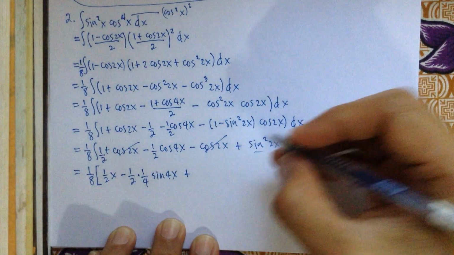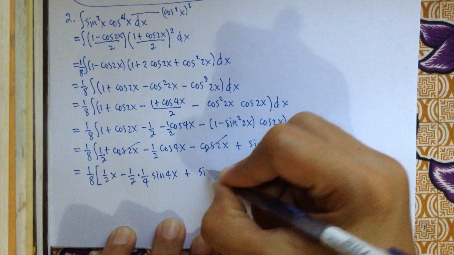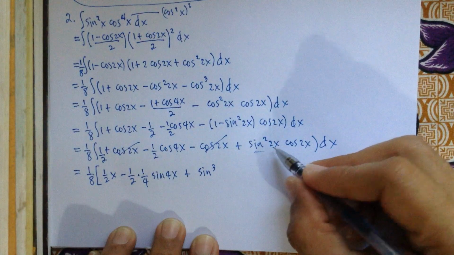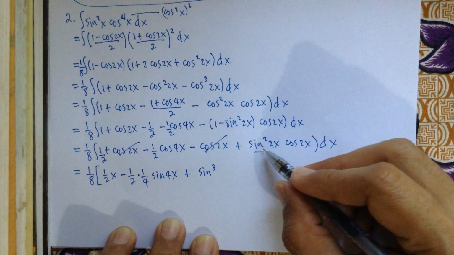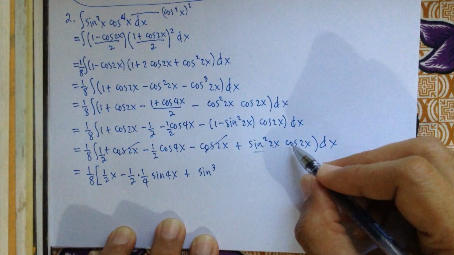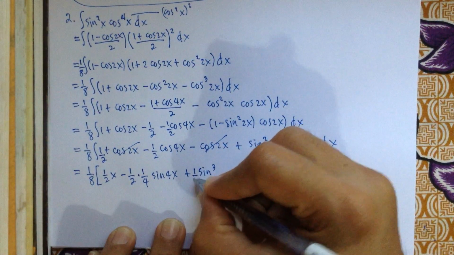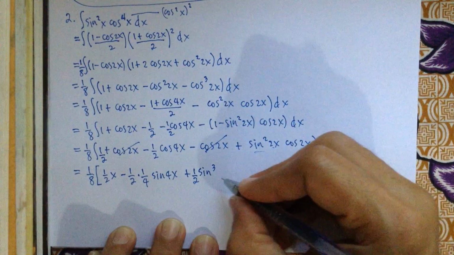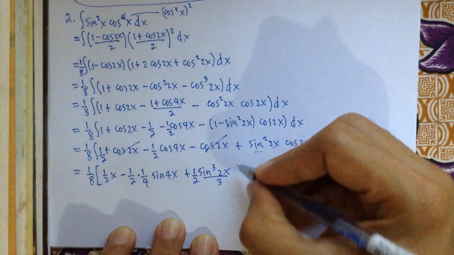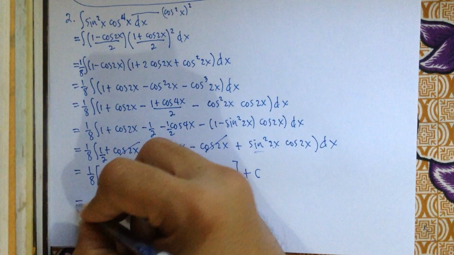That's why this will become sine cube, oh I'm sorry, your u, no, the derivative of your u is cosine 2x times the derivative of 2x, which is 2, so you have 2 cosine 2x. That's why we should have 1/2 here. Okay, then sine cube 2x, then over 3, then plus c.